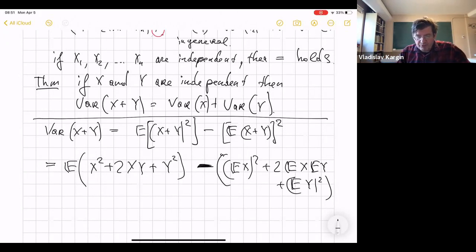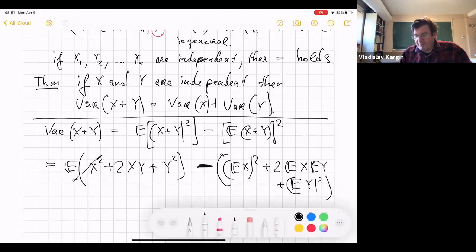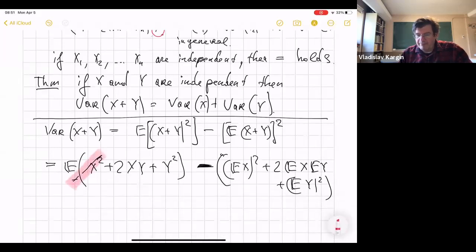And then after that, the first thing will be the expectation of x squared. This will cancel out with this thing. Now the expectation of y squared will cancel with this thing. No, it's not cancel, sorry, I'm saying the wrong thing.